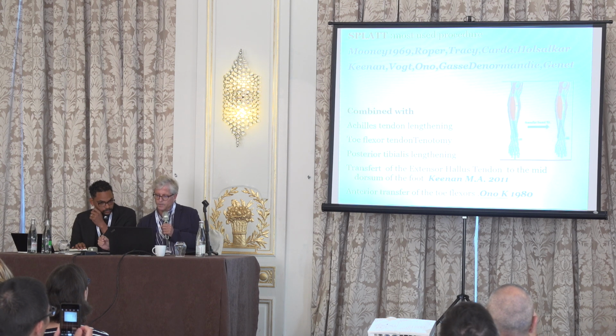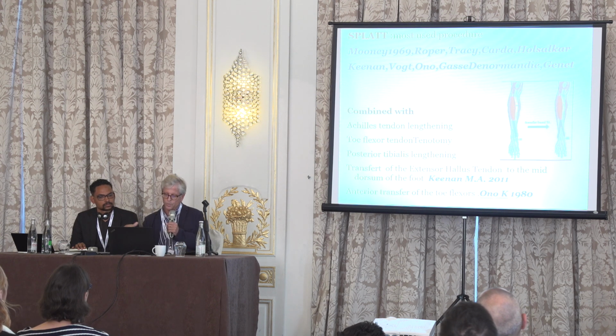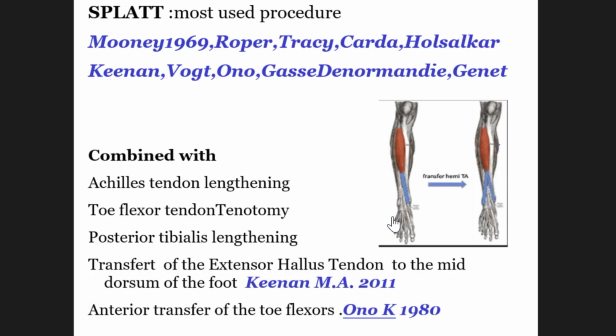We divide the tibial anterior tendon to obtain a better equilibrium in the frontal plane and to treat the varus. And this transfer is combined with several procedures: Achilles lengthening, two flexor tenotomy, sometimes posterior tibial lengthening, transfer of extensor hallux tendon proposed by Kinnan, and anterior transfer of the two flexor proposed by Ono.